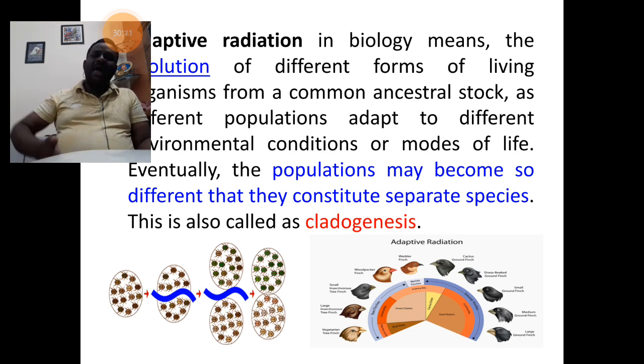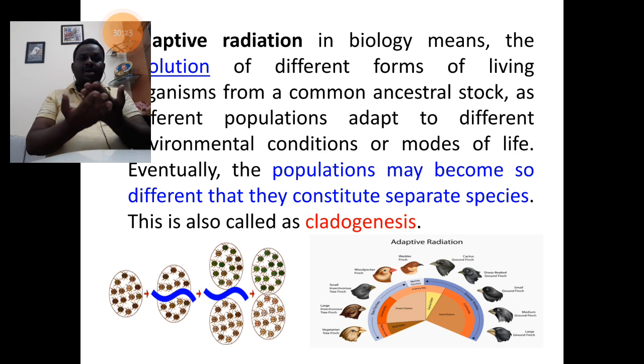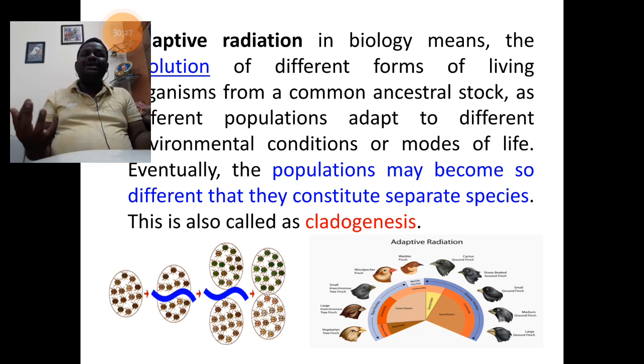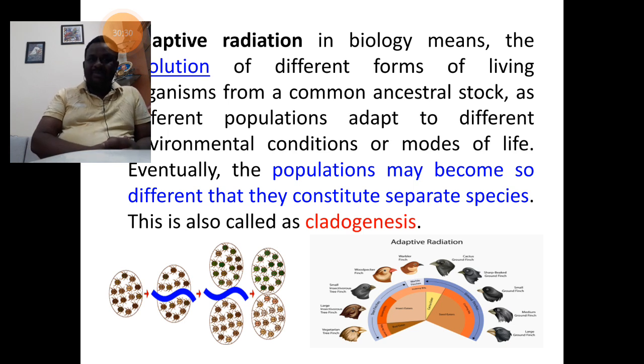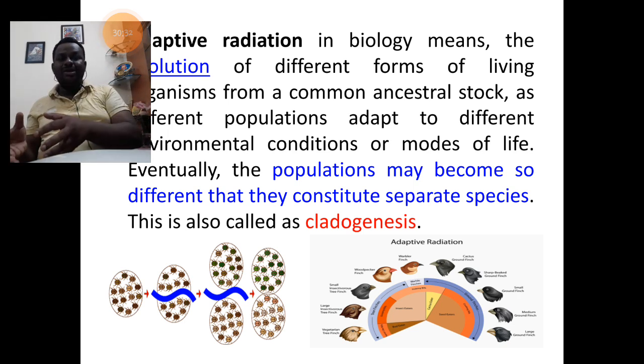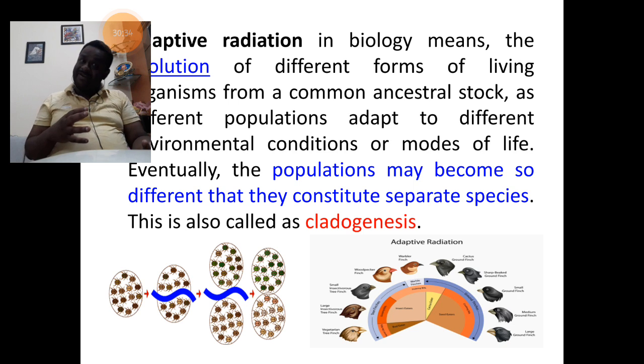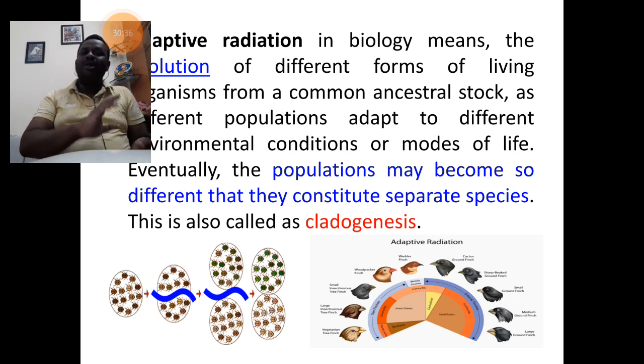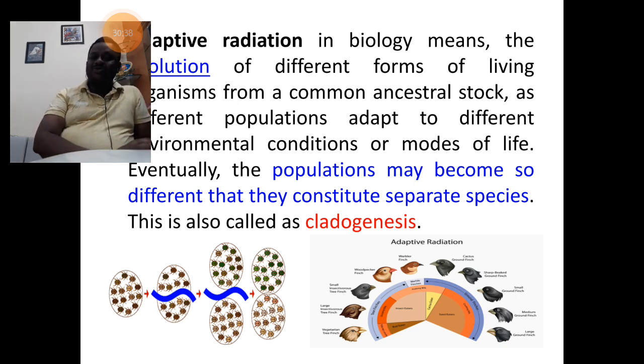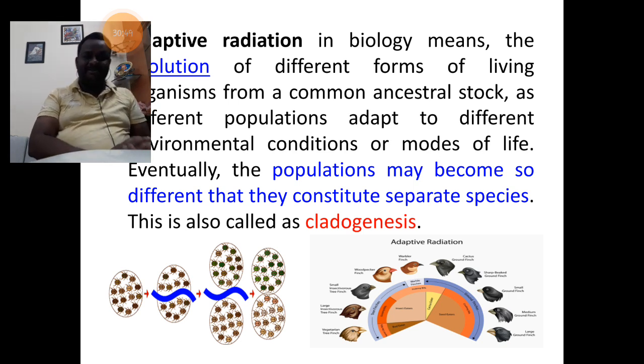So when you look at the current population and the ancestral population, both never look similar. They totally show a different type of species. So when a population becomes a totally different type of species, we call the process cladogenesis. Cladogenesis is possible for a species when they enter into adaptive radiation. So remember this concept.